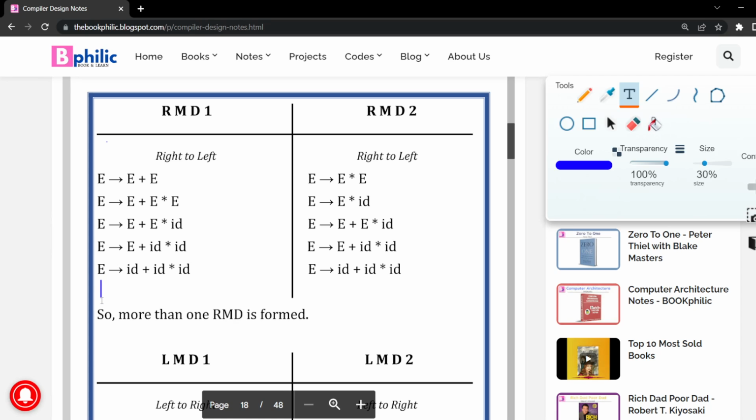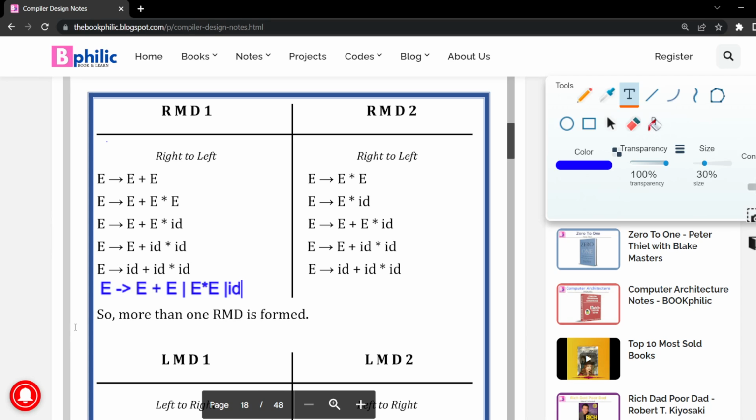Let us write here: capital E derives capital E plus capital E or capital E star capital E. Star is nothing but the multiplication sign. Or ID. ID is nothing but our identifier, or you can say it is a terminal which cannot be further derived.